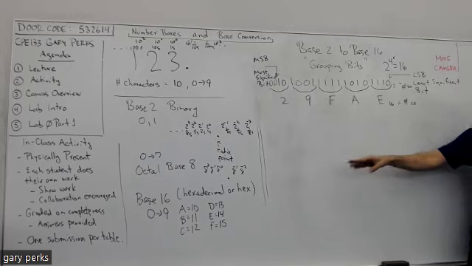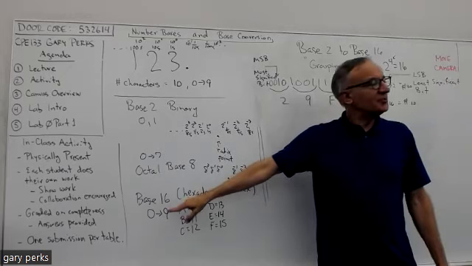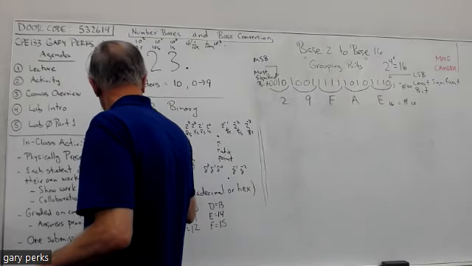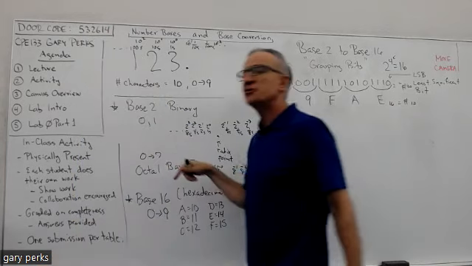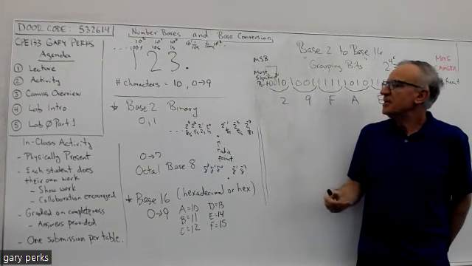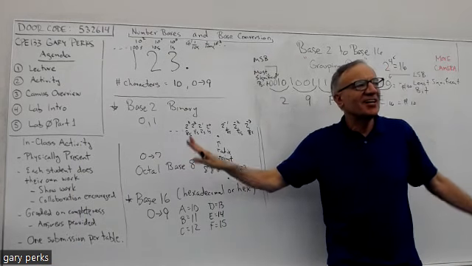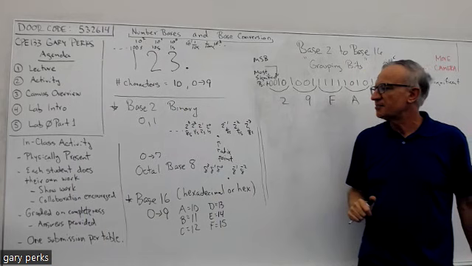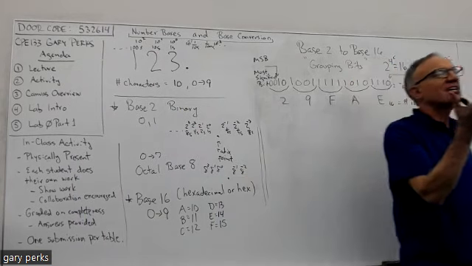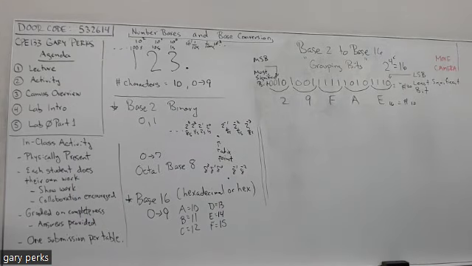So the reason why hexadecimal is popular: binary and hexadecimal are the 2 most popular bases in digital besides base 10, which you already know. Octal, sometimes you run across it, but it's not as popular as base 2 and base 16. The way to think of base 16 is sort of like a shorthand for binary, because when you've got a lot of bits, you can say it in a lot less.